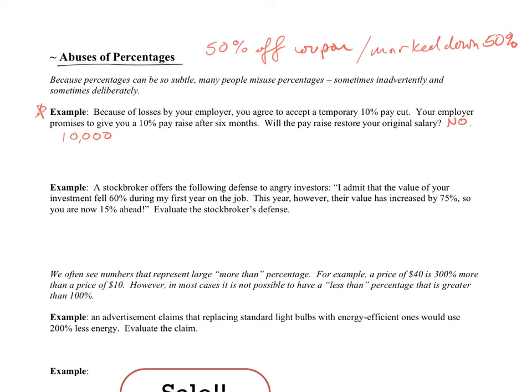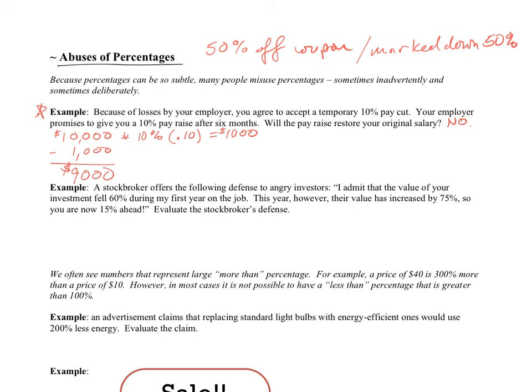So if you lose 10% of your pay for that month, what is 10,000 times 10%, aka 0.10? That'll give you a $1,000 pay cut. So if we subtract the $1,000, the 10%, you'll end up making $9,000 for 6 of those months.